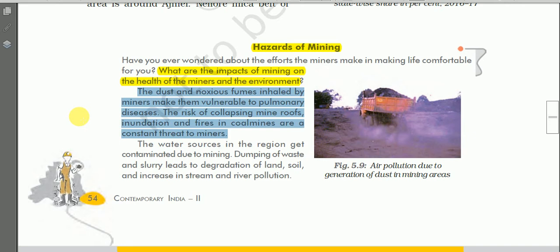The risks of collapsing mine roofs, inundation, and fires in the coal mines are a constant threat to miners. Sometimes when we are doing underground mining, in the tunnels, the roof may collapse, killing people.